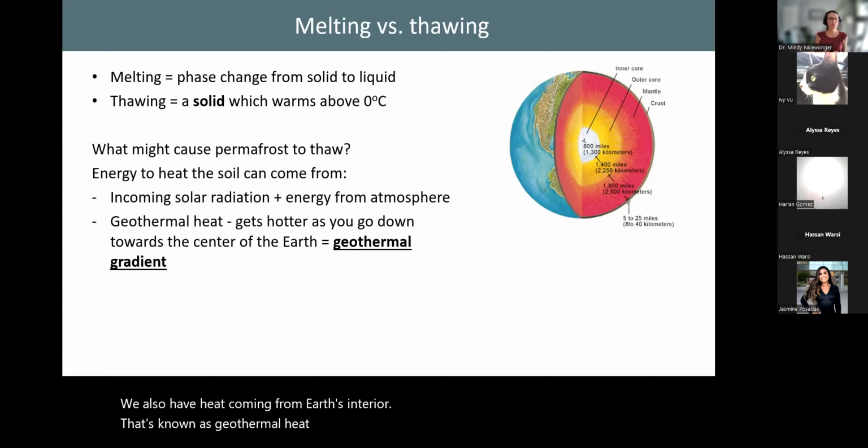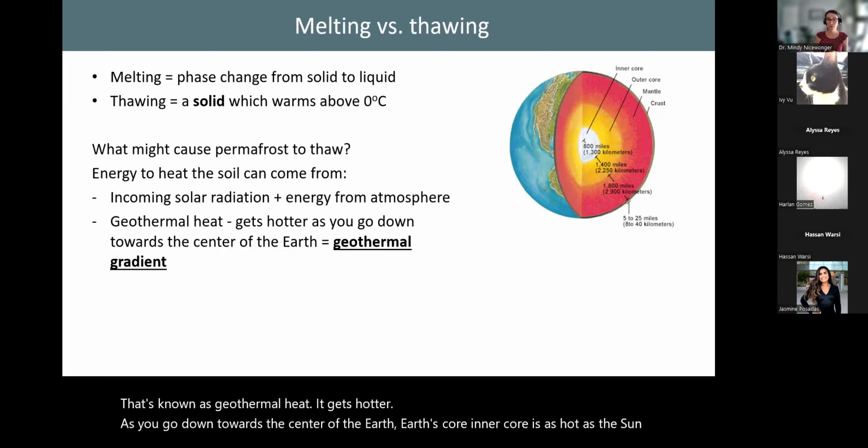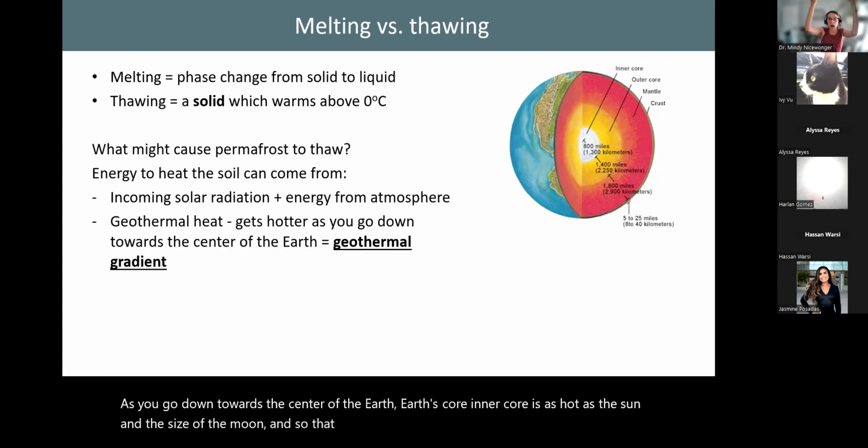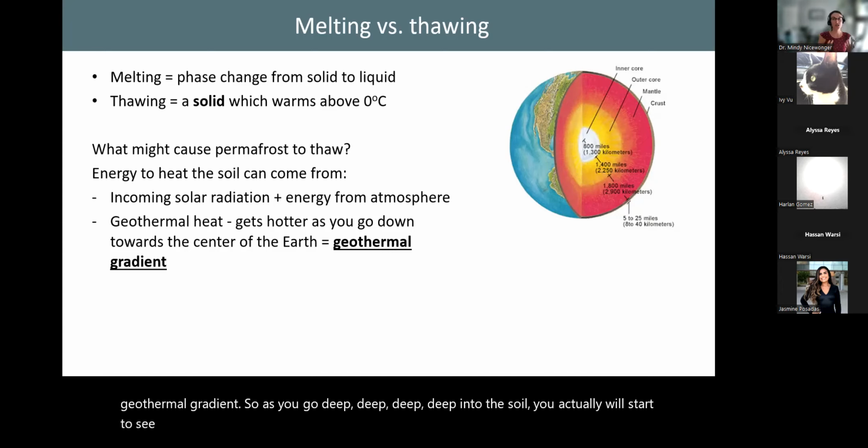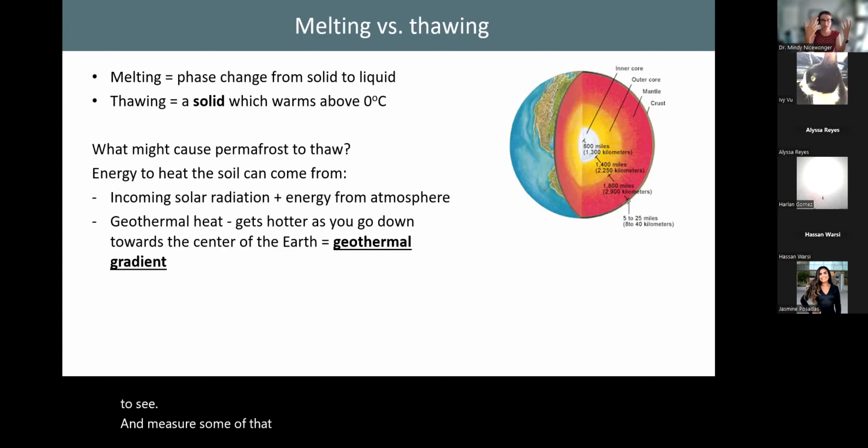It gets hotter as you go down towards the center of the Earth. Earth's inner core is as hot as the sun and the size of the moon. And so that heat is coming up to Earth's surface. We call that the geothermal gradient. As you go deep into the soil, you will start to see and measure some of that geothermal heat coming up out of Earth's interior.